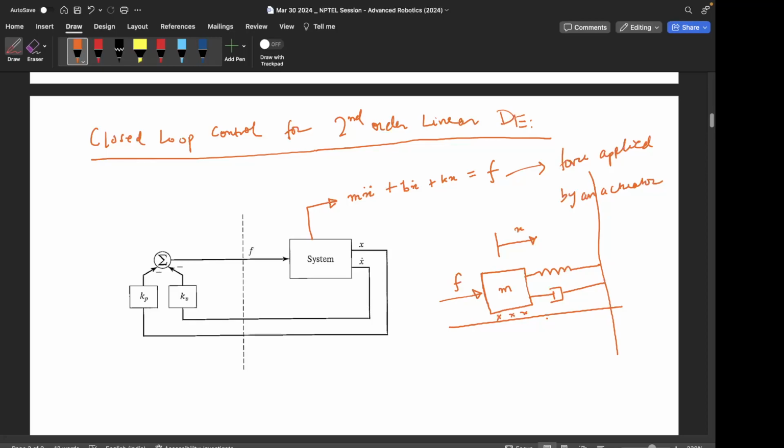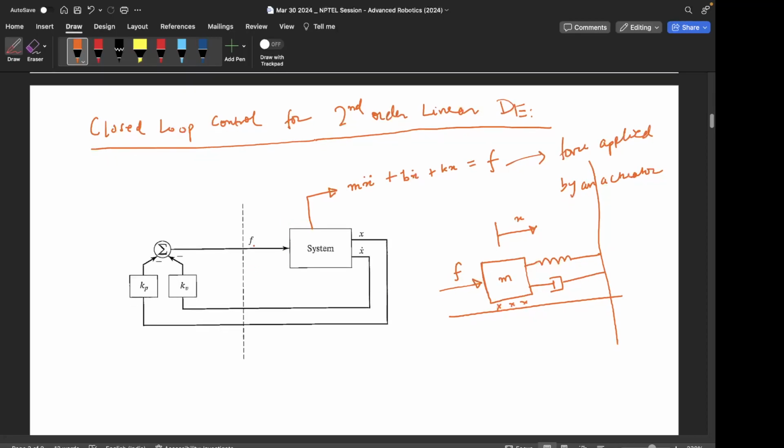Let's say I want to keep the block in a position where it is slightly compressed, right? So you would have to apply certain force on it, and even if I slightly displace the block from its desired position, it should return back to it as fast as possible. So my aim is to design such a control law.